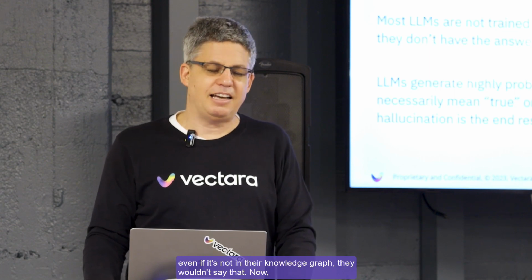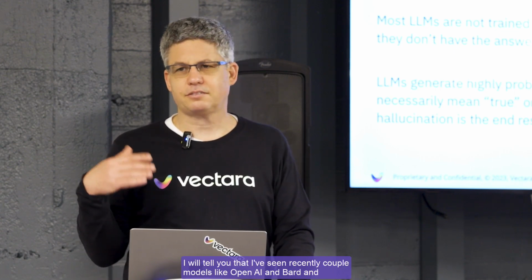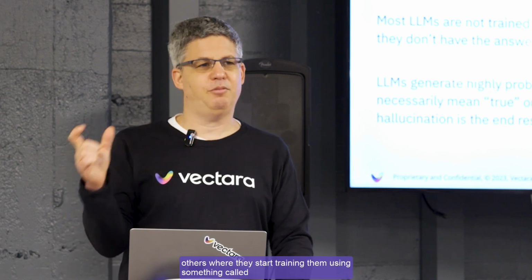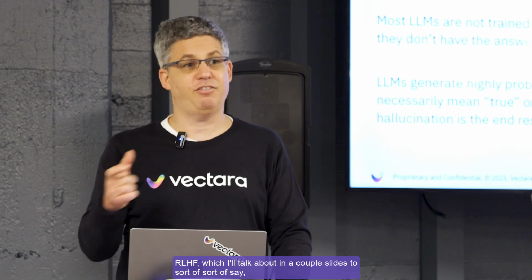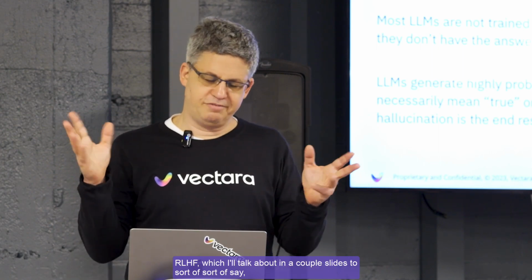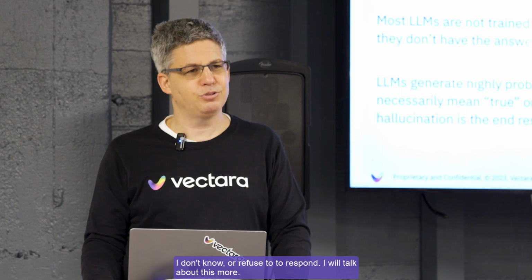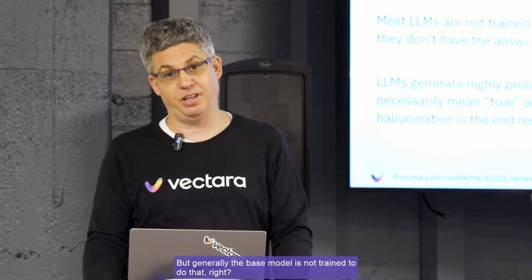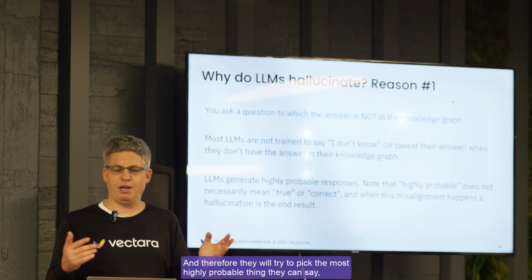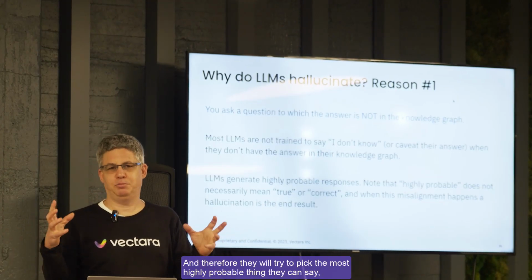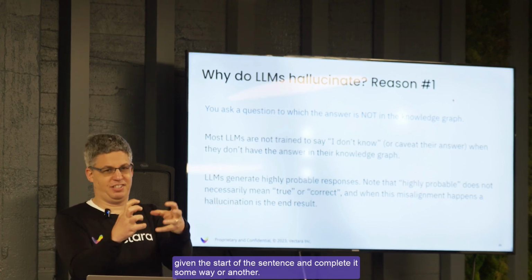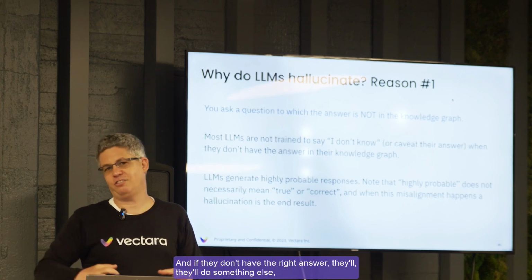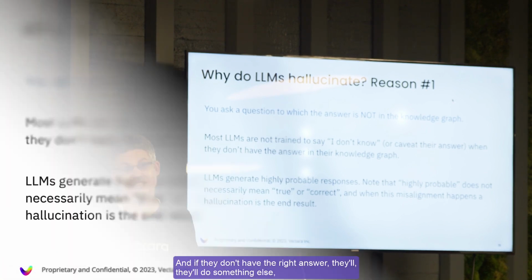Now, I've seen recently a couple of models, like OpenAI and BARD and others, where they start training them using something called RLHF, which I'll talk about in a couple of slides, to say I don't know, or refuse to respond. I will talk about this more, but generally the base model is not trained to do that. Therefore they will try to pick the most highly probable thing they can say given the start of the sentence and complete it some way or another. And if they don't have the right answer, they'll do something else.